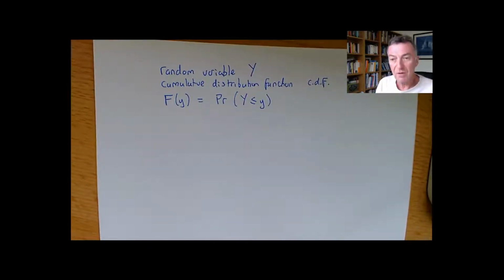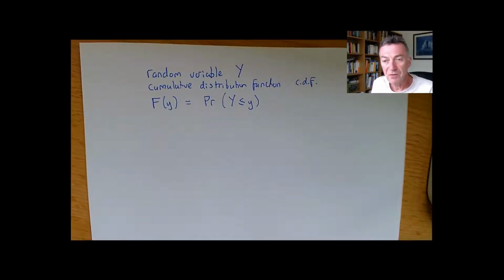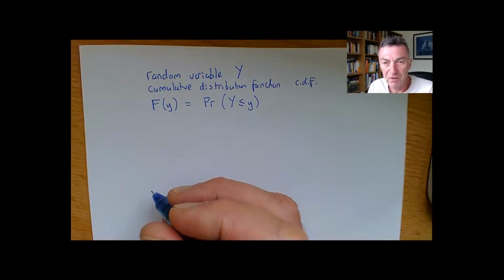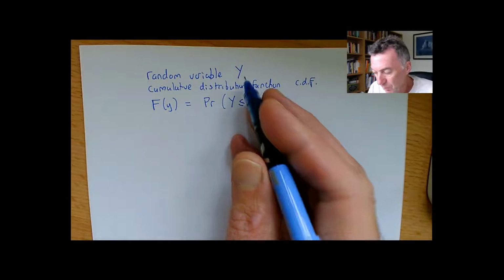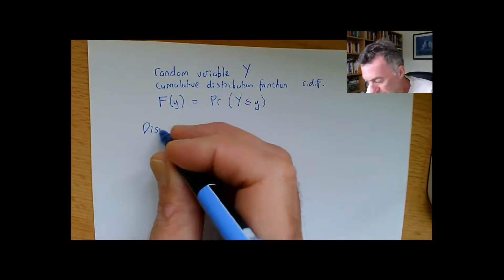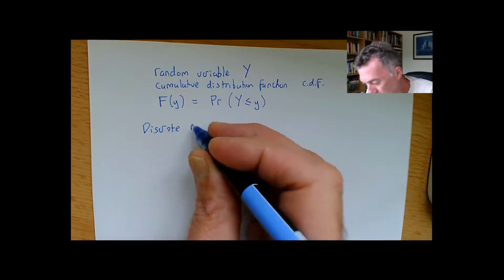Now it's important to distinguish between a discrete random variable and a continuous random variable. If there's only a finite number of values, or an infinite number of discrete values of the y's, integers say, we call that a discrete random variable.